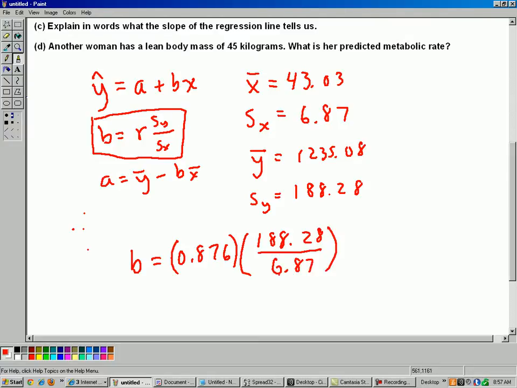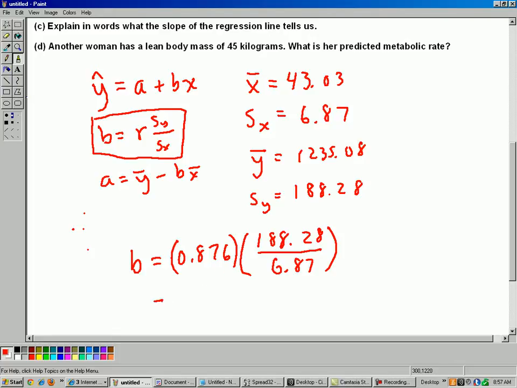Remember where this formula comes from. Basically, if r was equal to 1, then the slope of our line, if x goes up by 6.87, by one standard deviation, then y goes up by 188.28. Now we have a limiting factor, so to speak. We have to multiply by r as well.